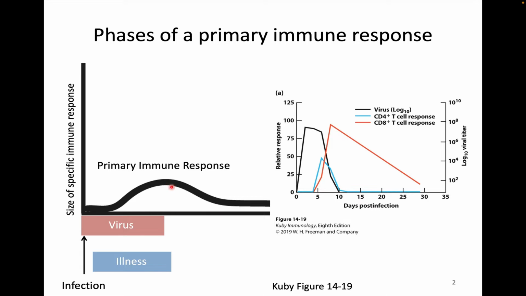So once we get this peak adaptive immune response, we're going to get rid of this virus. You can see the virus going down in black, or just stopping existing in my little figure. Then we feel better, and we all live happily ever after.